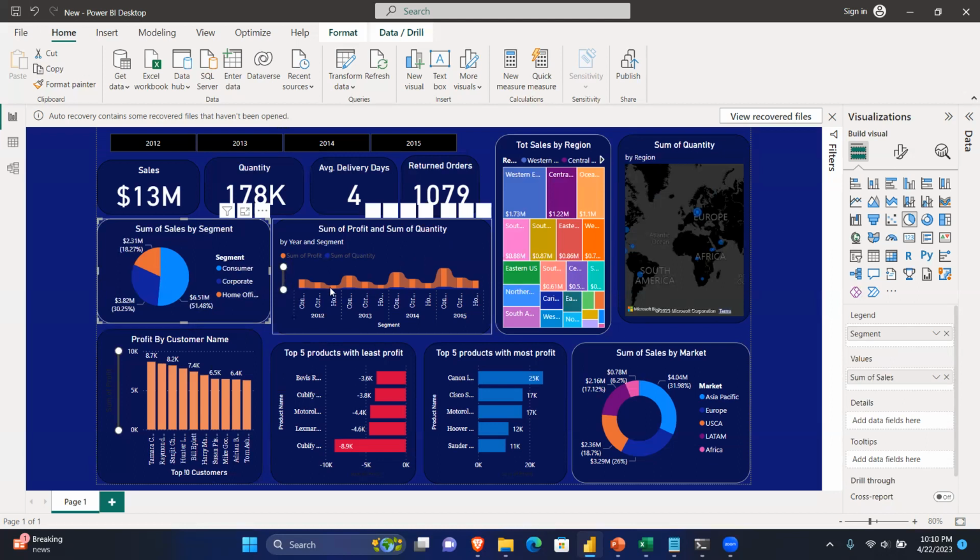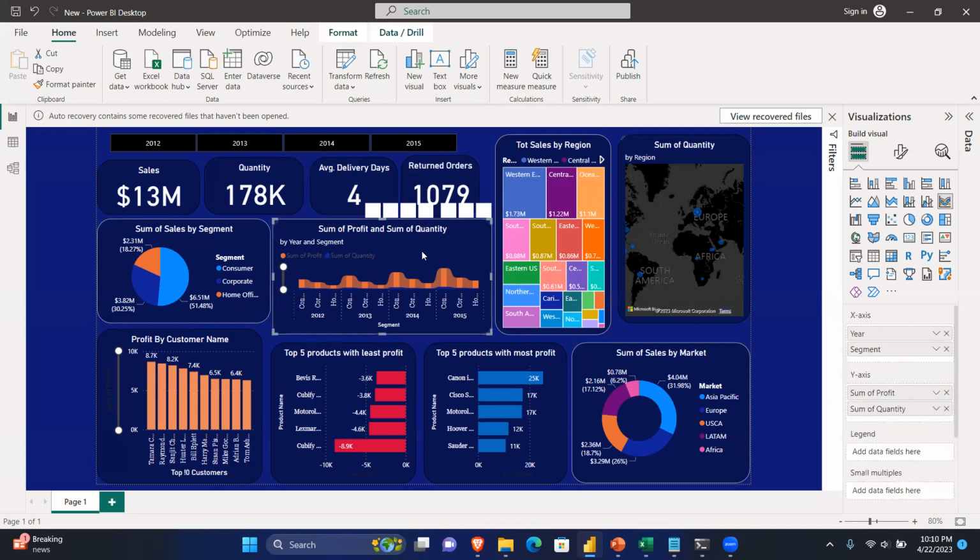In this ribbon chart, we have segment and year on the x-axis, and on the y-axis we have sum of profit and the sum of quantity. So let's say for the year 2012 we want to see the sum of profit in the corporate segment. By looking at the ribbon chart, we can see that in 2012 for the corporate segment the sum of profit was around $84,000.